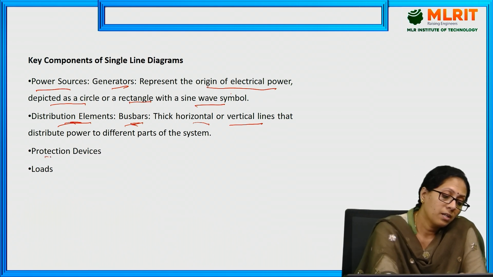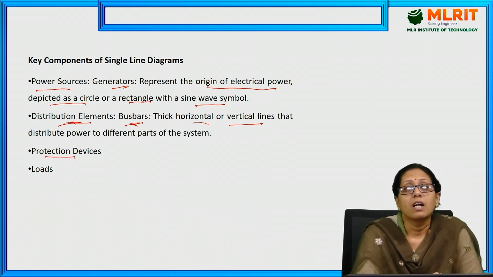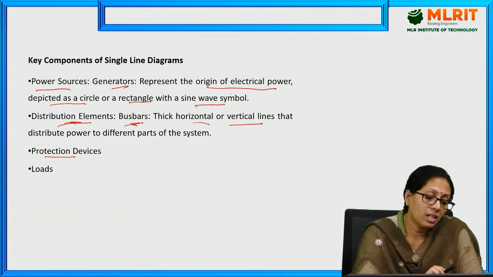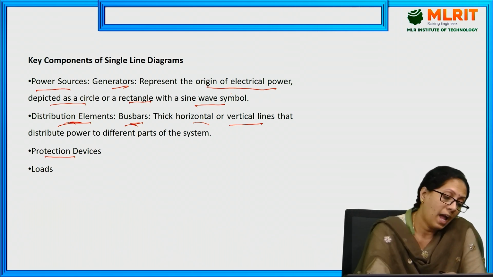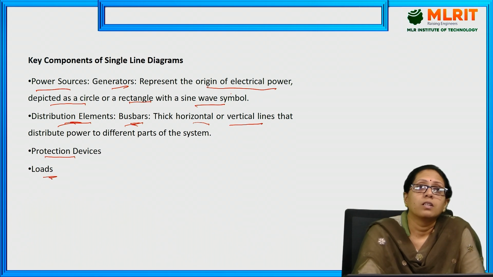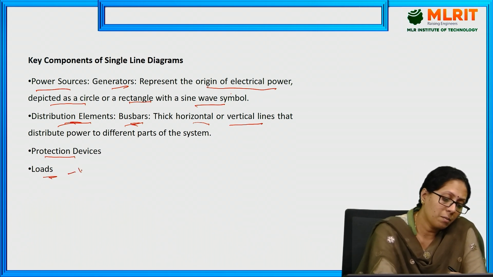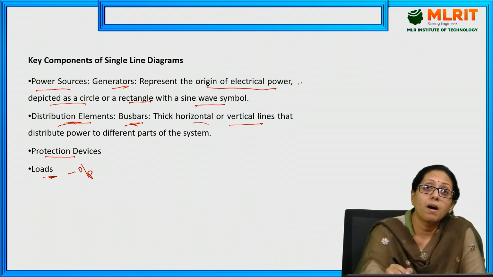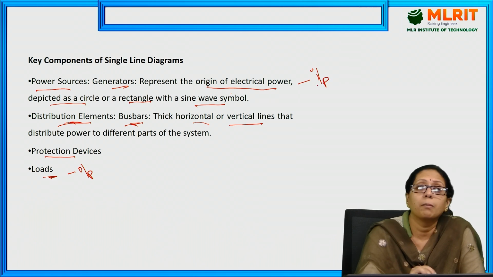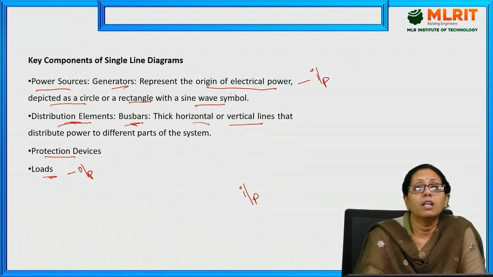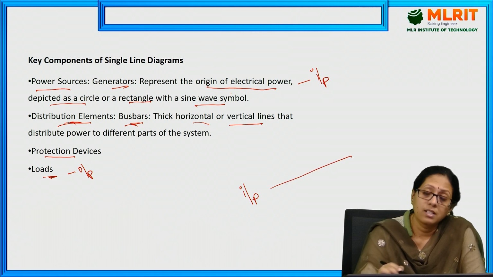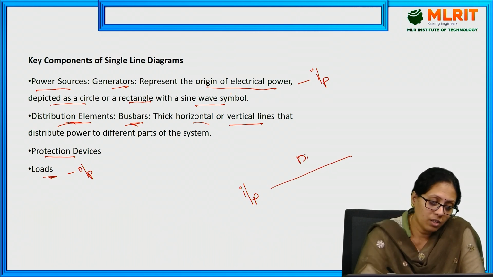Next one is protection devices. Compulsorily, protection devices should be there for each bus bar and loads. Load is nothing but the output. Power source is nothing but the input. So for every single line diagram, one input should be there and the distribution elements should be there.